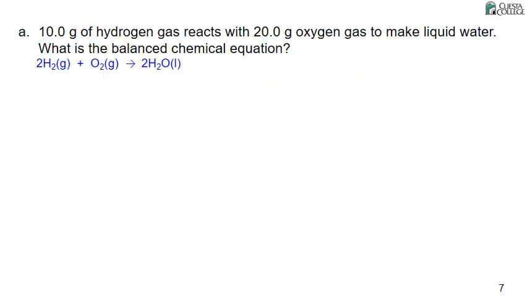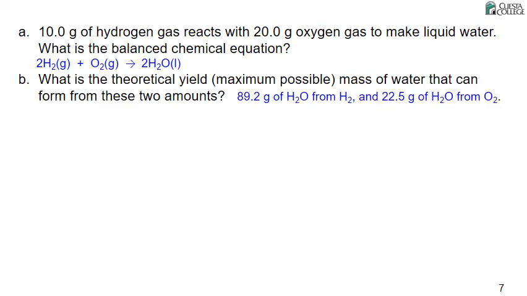To answer the next set of questions, we know the balanced chemical equation. We know the possible masses from both reactants, the 89.2 grams that we could get from the hydrogen and the 22.5 grams that we could get from oxygen. Once the 22.5 grams of water have formed, the oxygen has been completely used up.